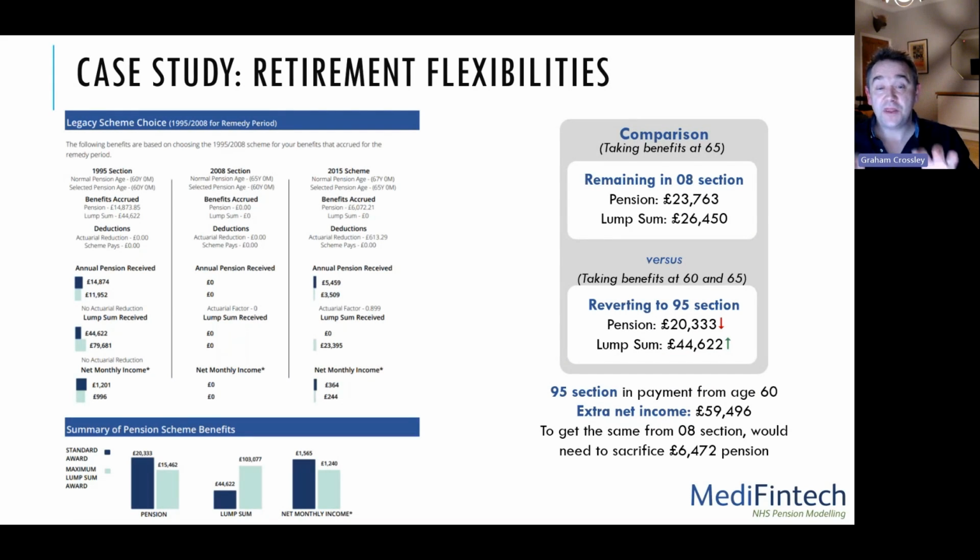So for this individual, for their service pattern and what they want to achieve and what hours they want to do, it looks like going back to the 95 section and then exercising some of those pension flexibilities could be a better route for them. But I stress, it all depends on your individual circumstances and what your service pattern is and what you want to do.